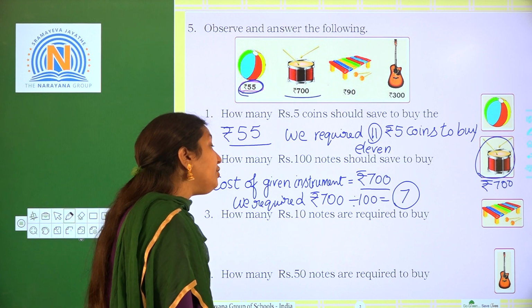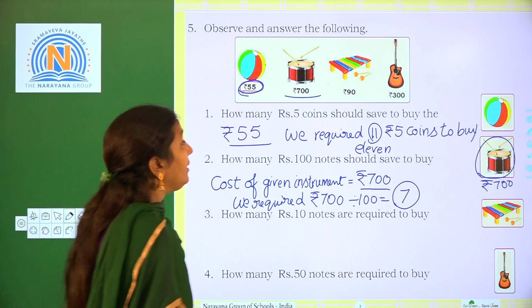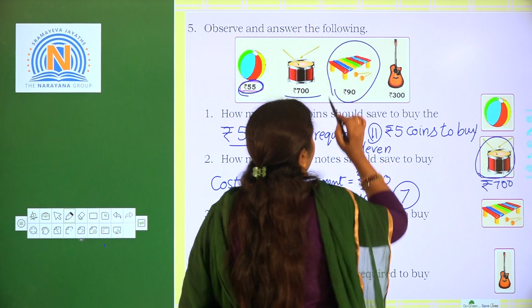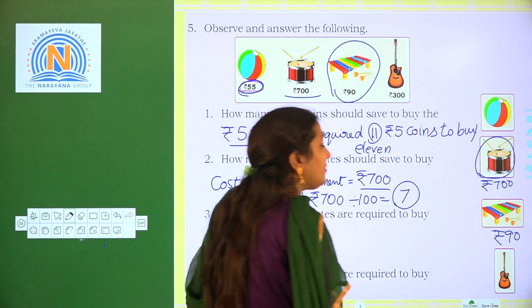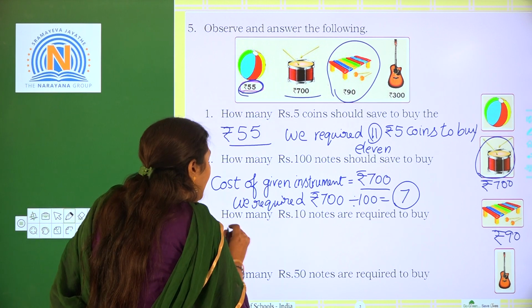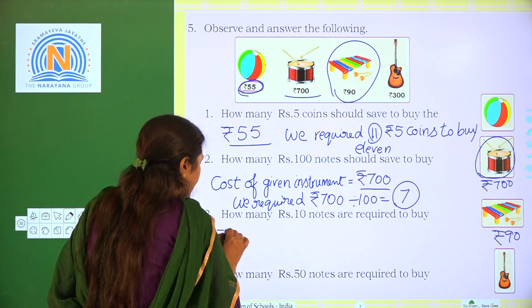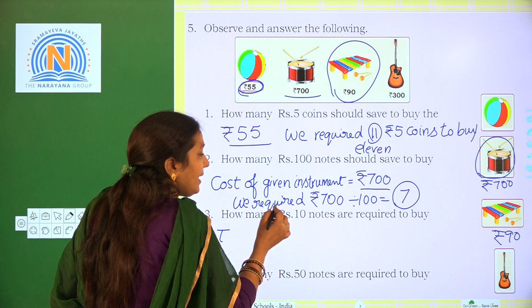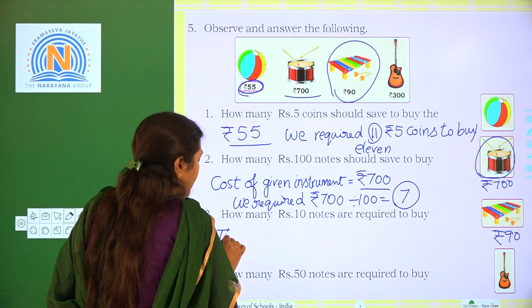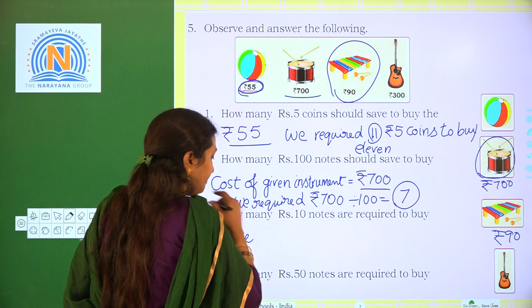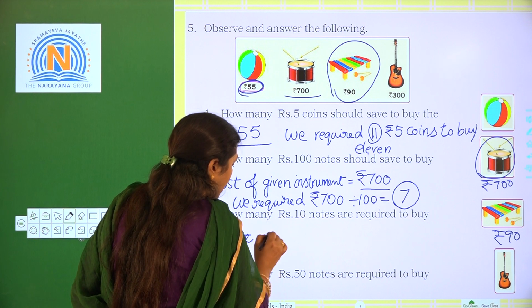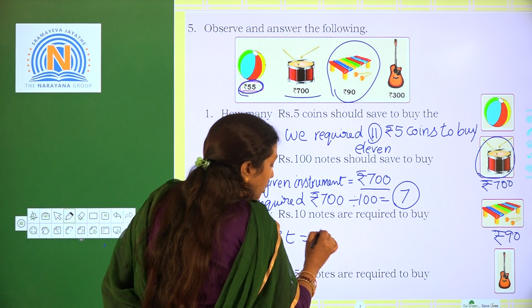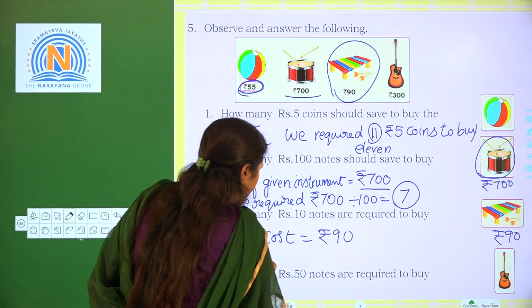Okay, how many 10 rupee notes are required to buy this musical instrument? What is the cost of the given instrument? 90. So how many 10s are there in 90?